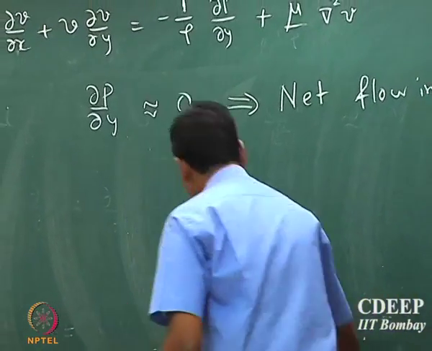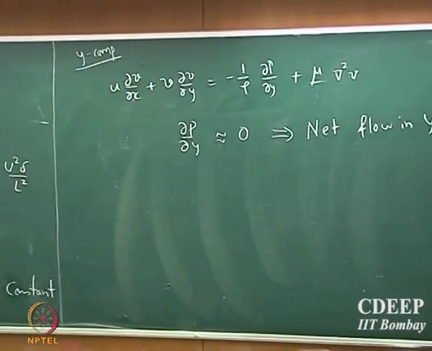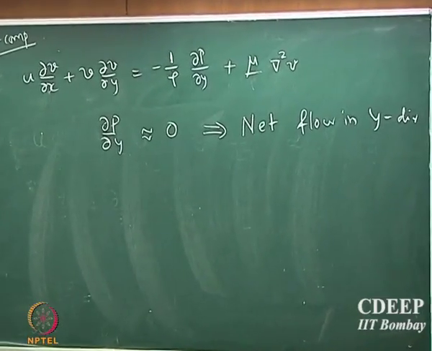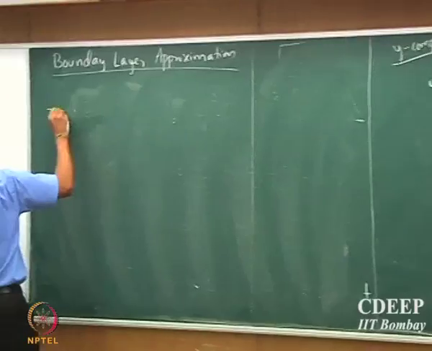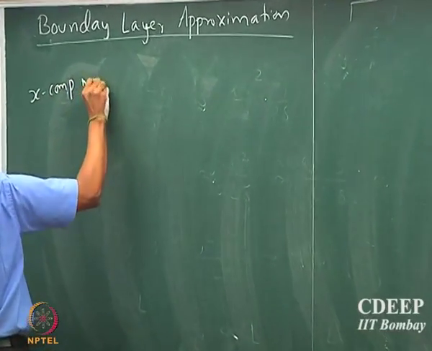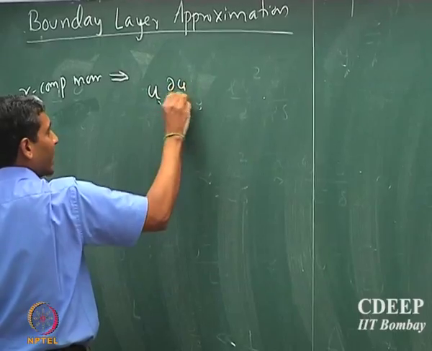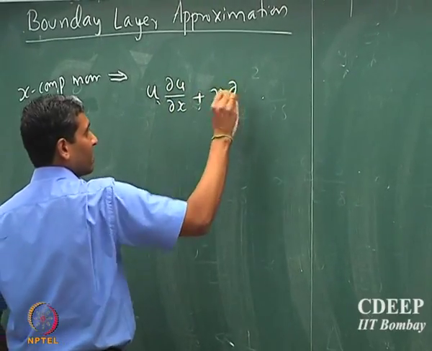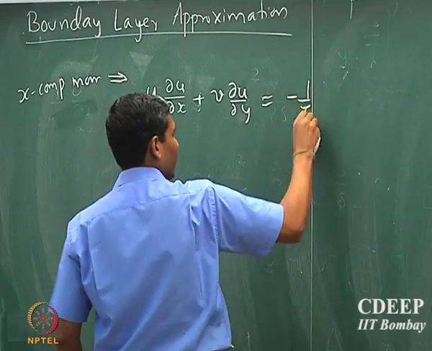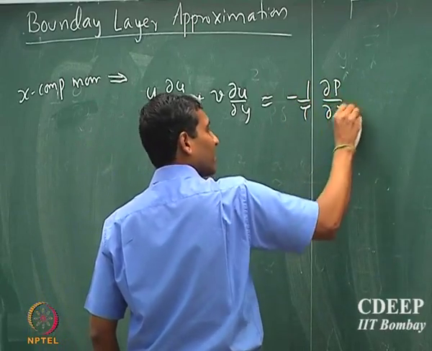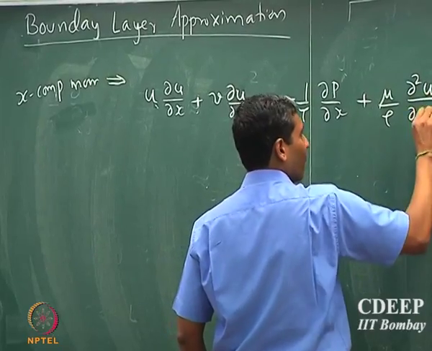Similarly, we can do an order of magnitude analysis for the x component momentum balance. It's very similar, so you do exactly the same analysis. You will find that the x component momentum balance essentially reduces to u du by dx plus v du by dy equals minus 1 by rho dP by dx plus mu by rho d square u by dy square.